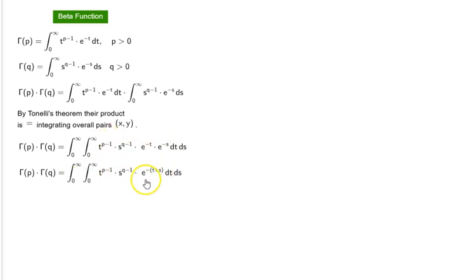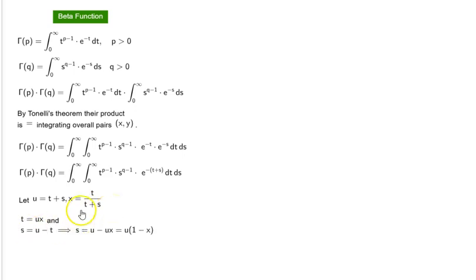Now let's simplify this a little bit. What do we get? We have e to the power of minus t, e to the power of minus s, which can be written as e to the power of minus (t plus s). Now let's do substitution. Let u be equal to t plus s and x be equal to t by (t plus s).